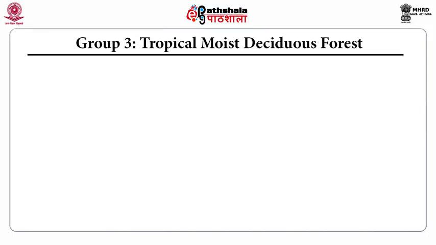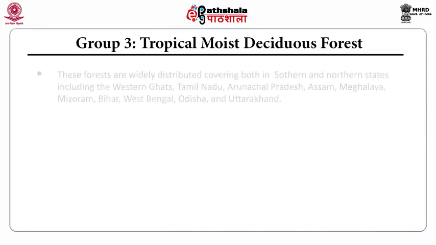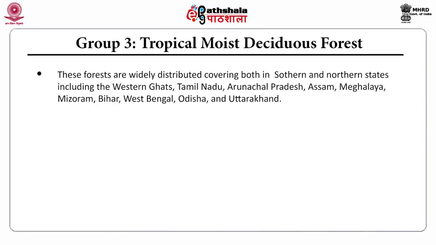So, group 3 is represented by the tropical moist deciduous forests. These forests are widely distributed, covering both southern and northern states, including the Western Ghats, Tamil Nadu, Arunachal Pradesh, Assam, Meghalaya, Mizoram, Bihar, West Bengal, Odisha and Uttarakhand.